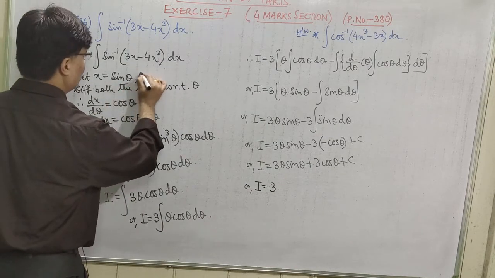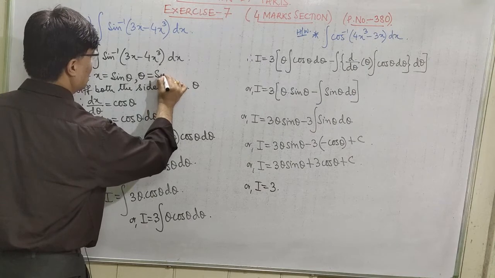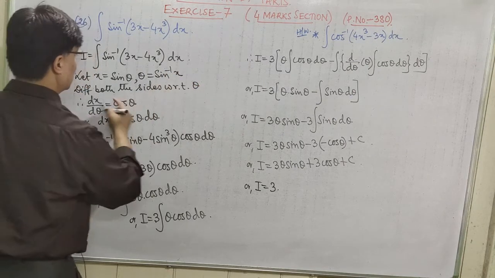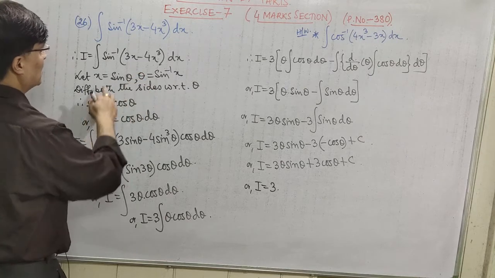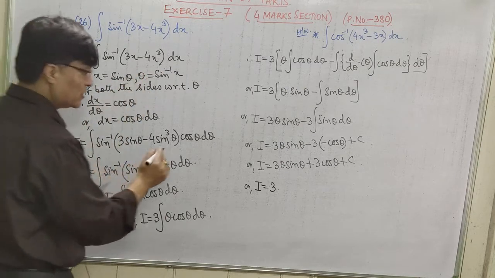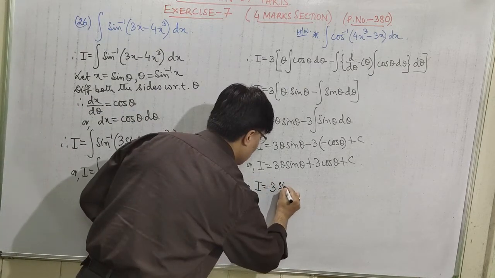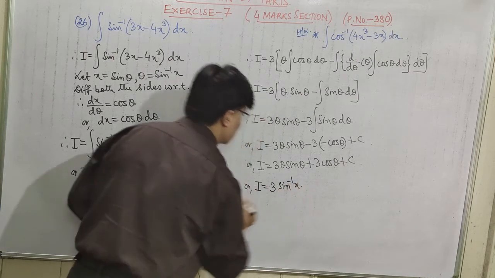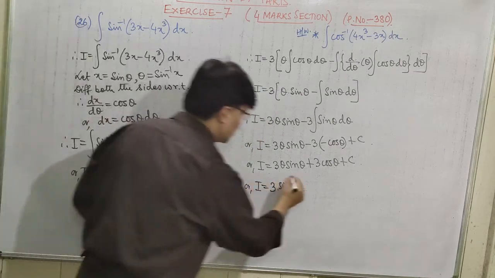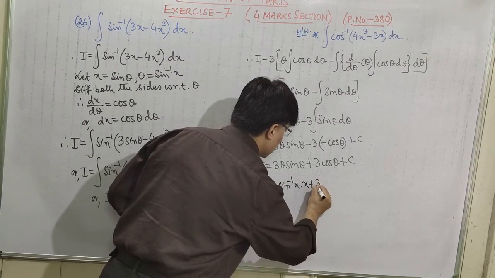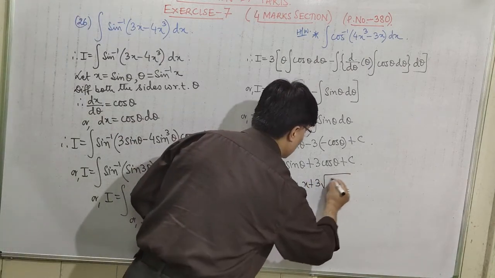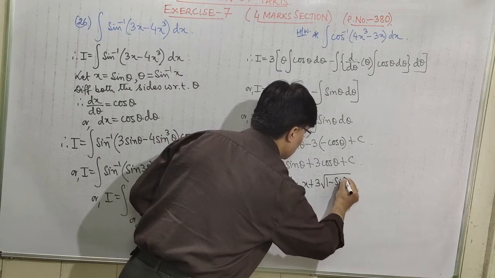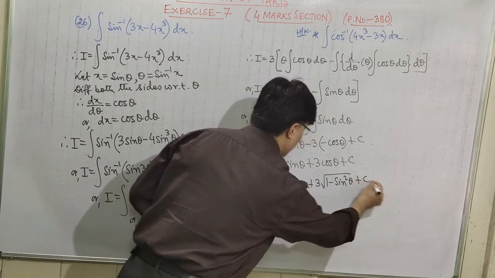From here you can get the value for theta. Theta is equal to sine inverse x. So 3 into theta, that is sine inverse x, into sine theta, which is x, plus 3 into cos theta. You have to express it in terms of sine: root over 1 minus sine square theta, plus c.